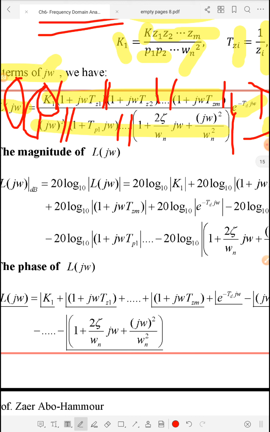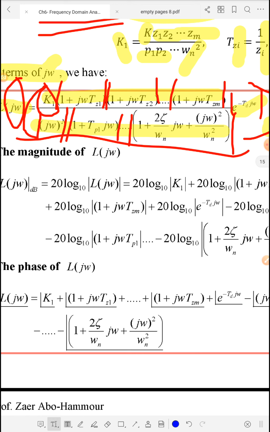If we add a controller, then we add the contribution of the controller to the previous case of the plant, and by this way our design will be easier. But if we keep this multiplicative form, it will be very difficult to check the contribution of the controller if we add a controller to the transfer function, the plant.